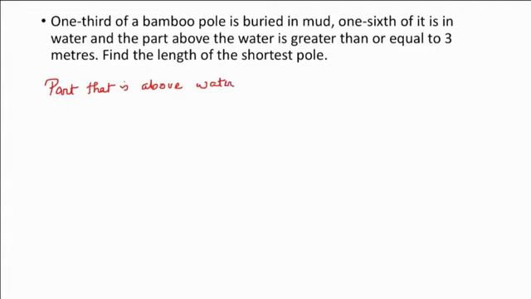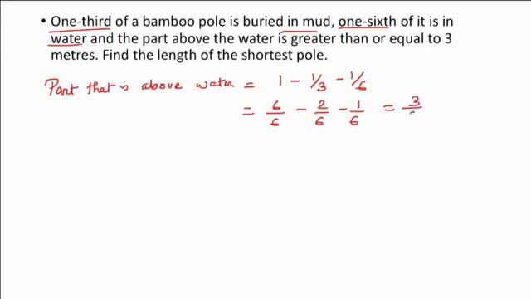If 1/3 of the bamboo is buried in mud and 1/6 is in water, and the total is 1, so the part above water would be 1 minus 1 by 3 minus 1 by 6. So we can write it as 6 over 6 minus 2 over 6 minus 1 over 6. So 6 minus 2 minus 1, so that is 3 over 6 or 1 over 2.